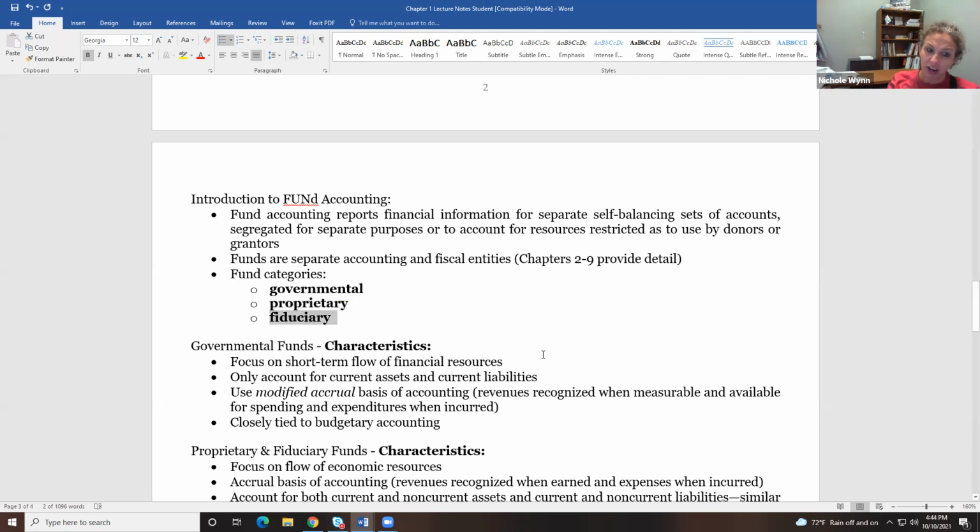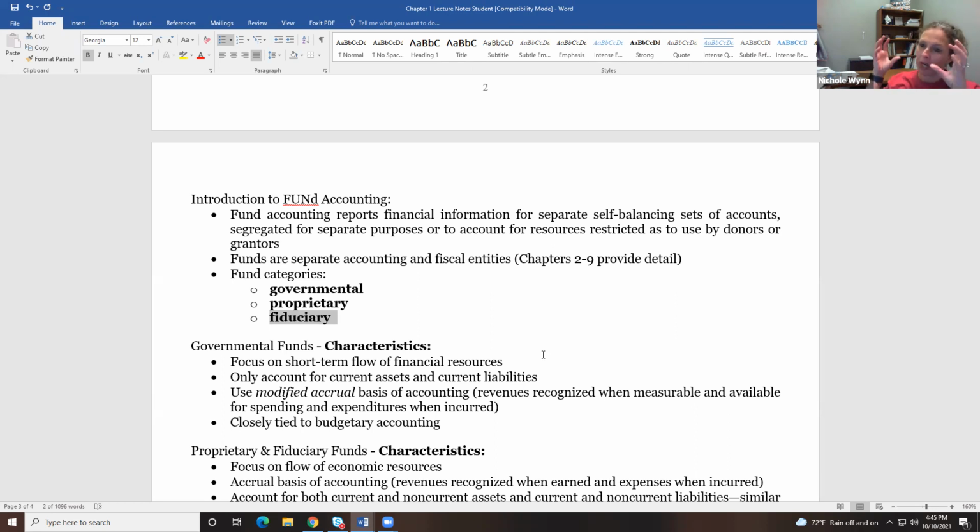And then fiduciary is talking about like trusts and things like that. So agency funds, things like that. If somebody gives money for a specific purpose, they donate money to the city for a specific purpose. So maybe they donate money so that a park can have new benches. Okay. And then maybe they want to renovate the park. So they donate money to renovate the park, and they want the money to stay in perpetuity.